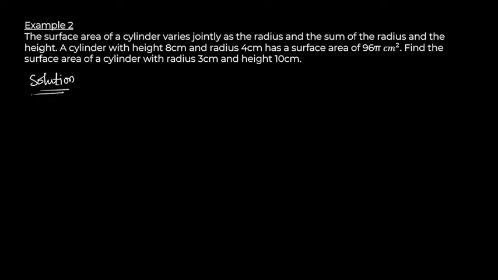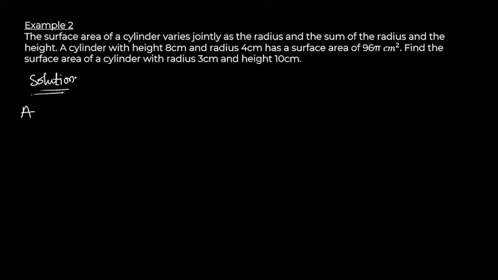So we have the surface area of a cylinder. Let A be our surface area. The surface area of a cylinder varies jointly as the radius. The word 'and' is the break between the variables.